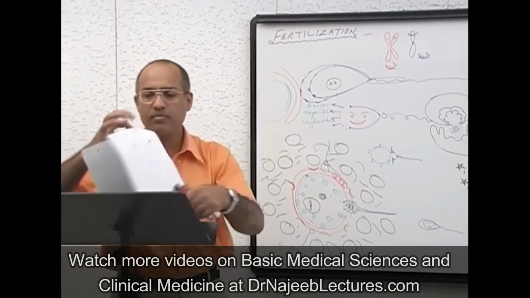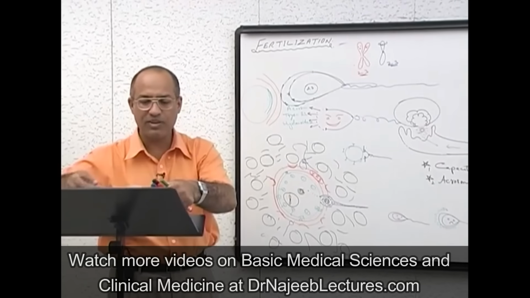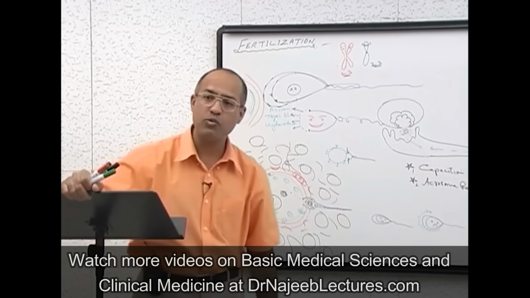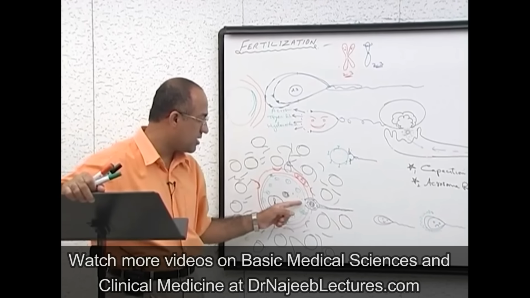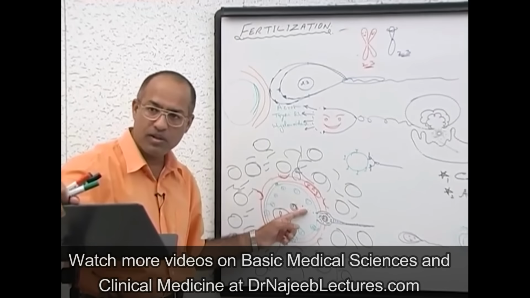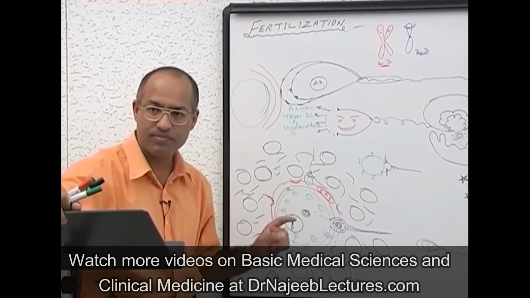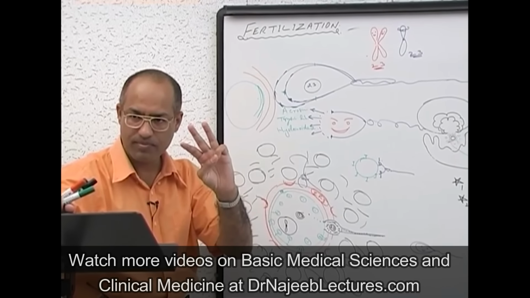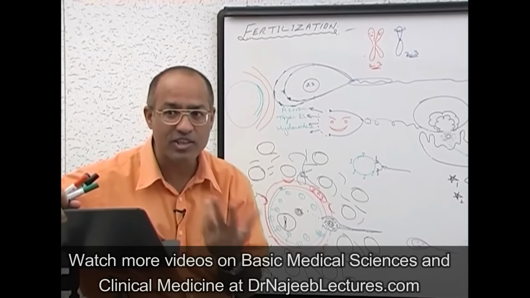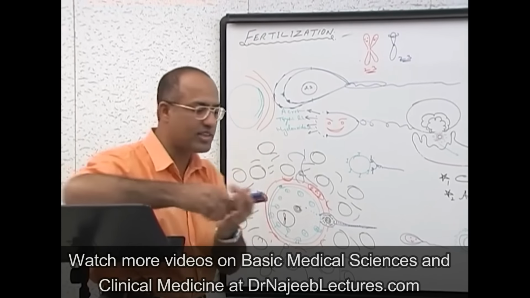Now, if someone asks you that once the sperm touches here and is entering in, how does the egg respond, you should give 3 answers. What is the response of the egg to the arrival and magic touch of the sperm? There are 3 answers.